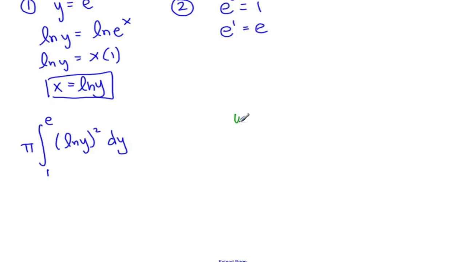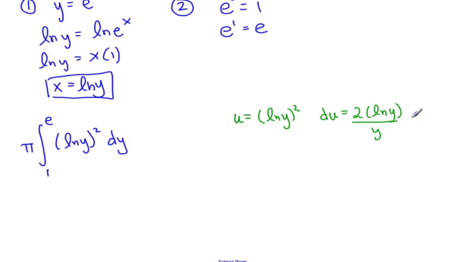So we'll let u equals (ln y) squared, and du is equal to 2. Bring down the 2, ln y, the inside stays alone. Multiply by the derivative of the inside, which is 1 over y.